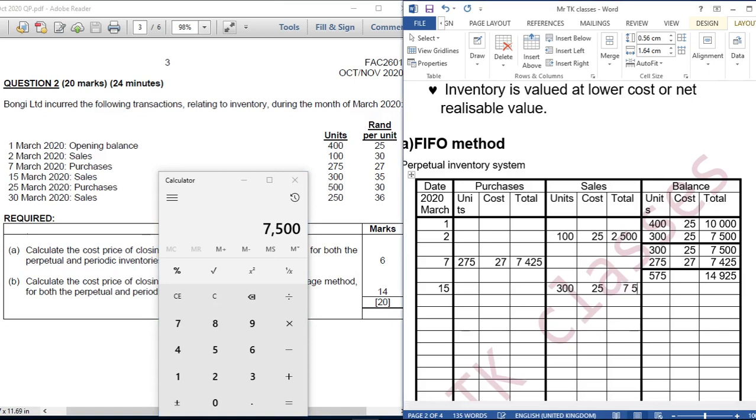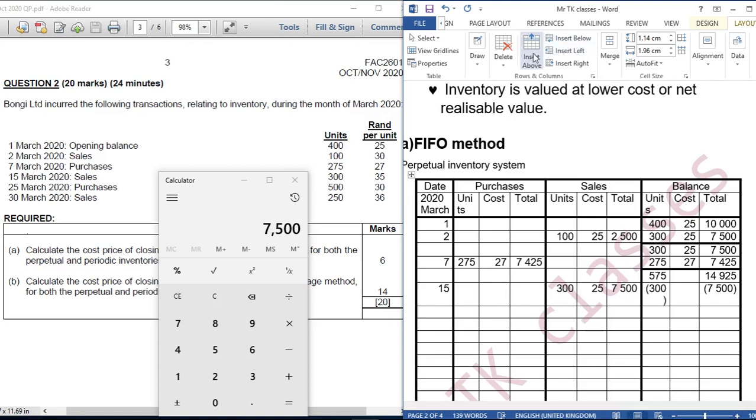So this batch of 7,500 is out. So what we are simply going to do under our balance, let us just make use of brackets. This batch is out. And what was the amount? 7,500.